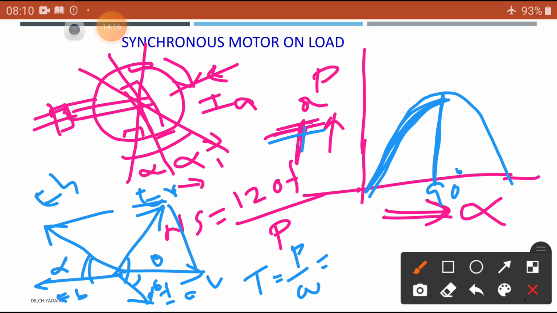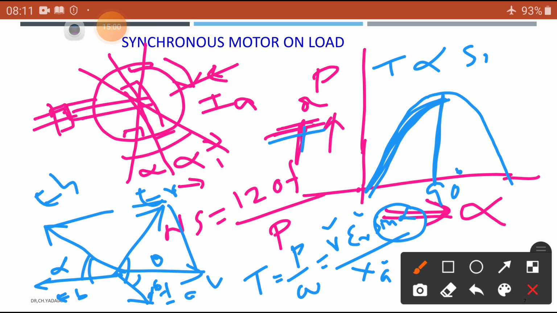The mechanical power generated in the synchronous motor, when we assume resistance is neglected, is V ER sin alpha by XS. Here, assuming the voltage, resultant voltage and XS constant, then P, or T, is directly proportional to sin alpha.